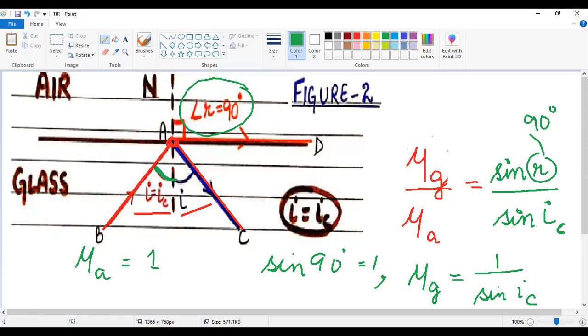And in general, if there are two different mediums, then we can say that refractive index of denser medium is equal to 1 divided by sine of critical angle.